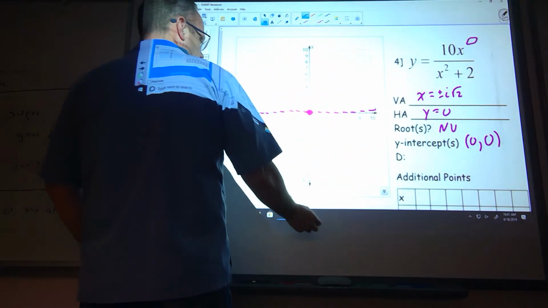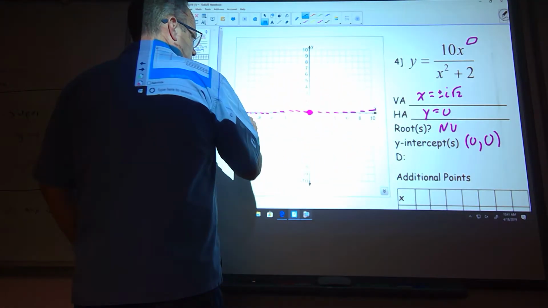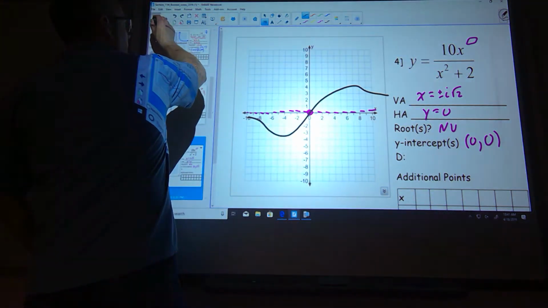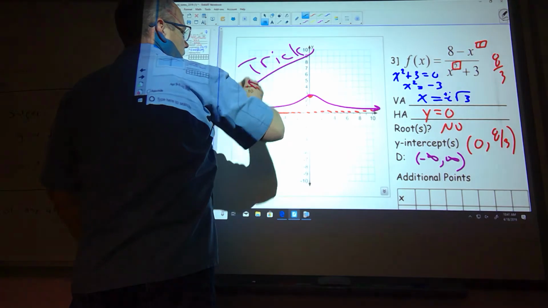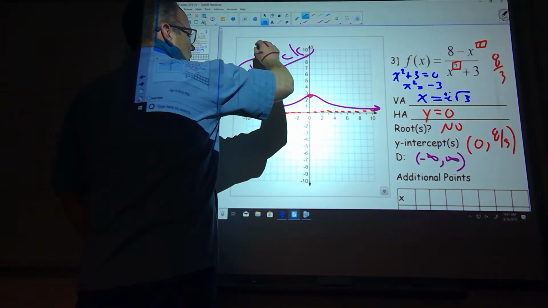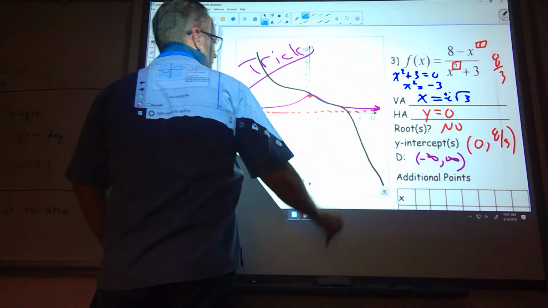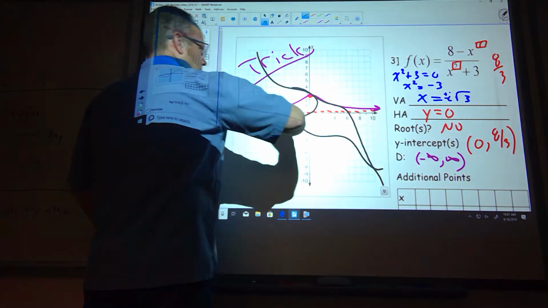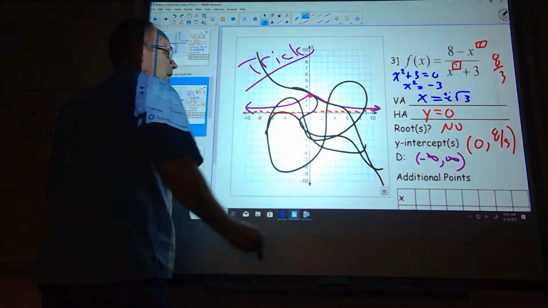What's that going to look like? Something like that. And I guess this one back here I goofed up. This one is actually going to cross there. Maybe it crosses through there. Maybe it comes around here and makes a U-turn there.